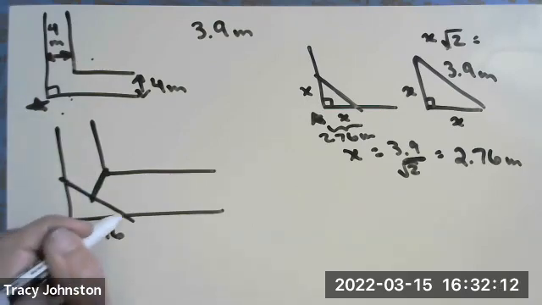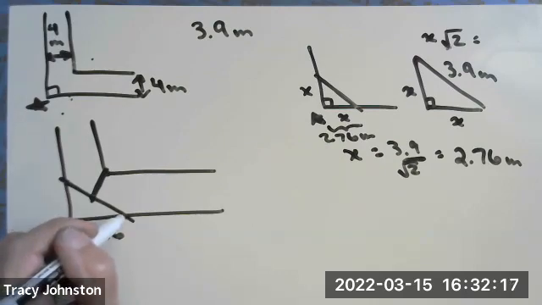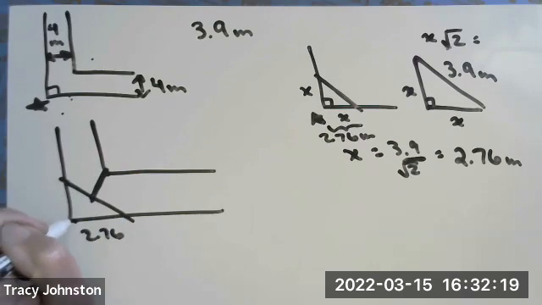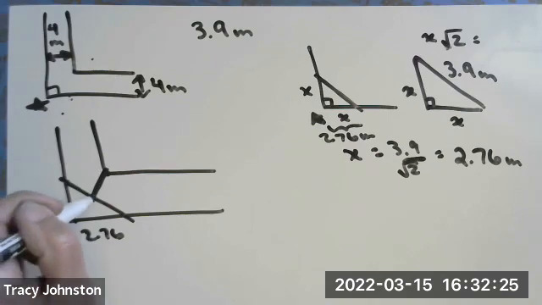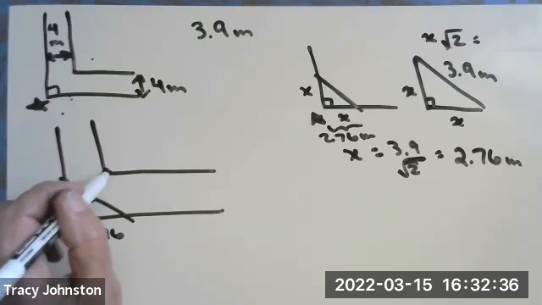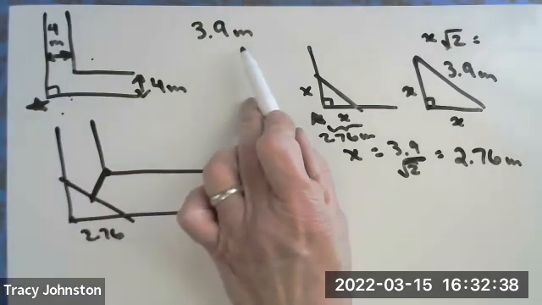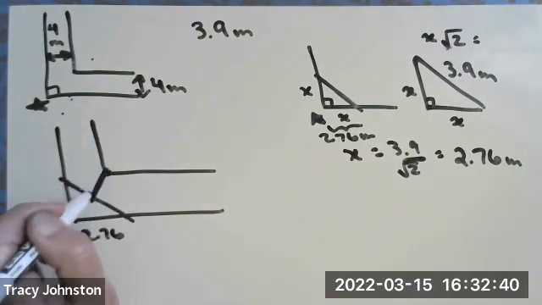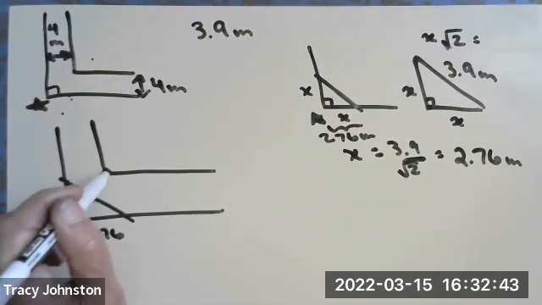So if this distance is a maximum of 2.76 meters, then we can use that to calculate the distance from here, this corner, to this first board. And then when we know that distance, we can see what the remaining distance is across here. And if it's less than our 3.9 meter length, then we can put our second board on the first board to that corner.